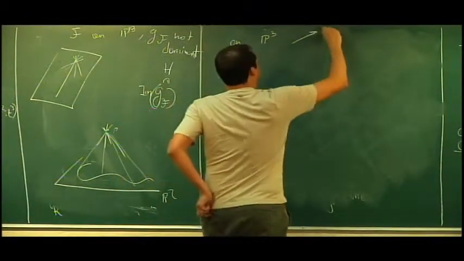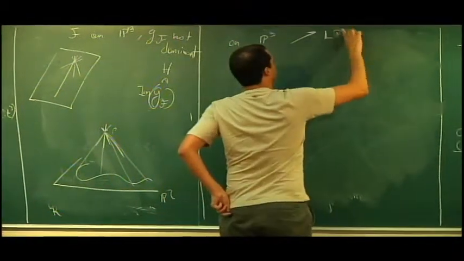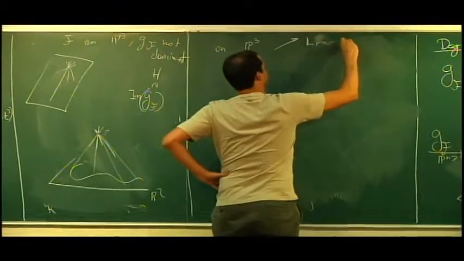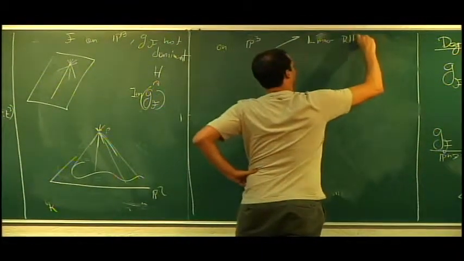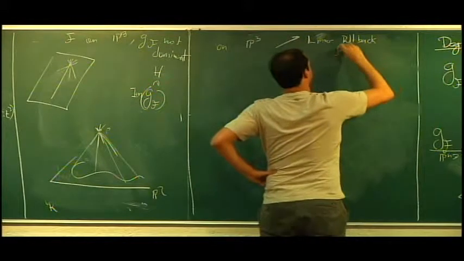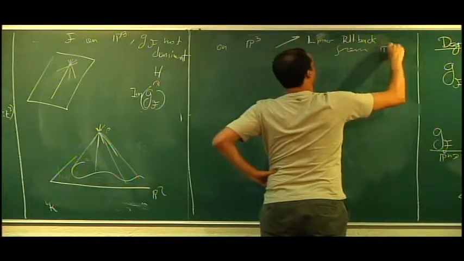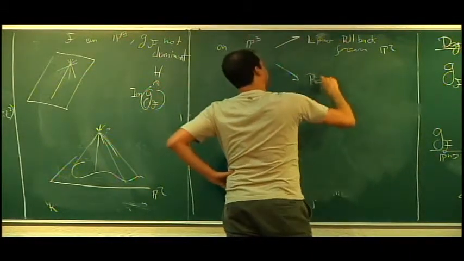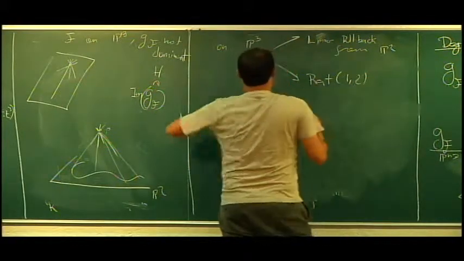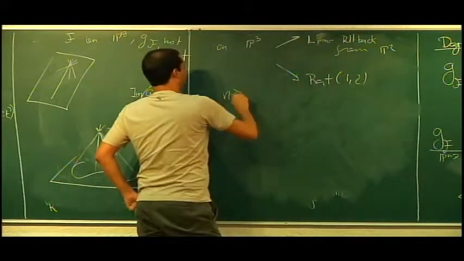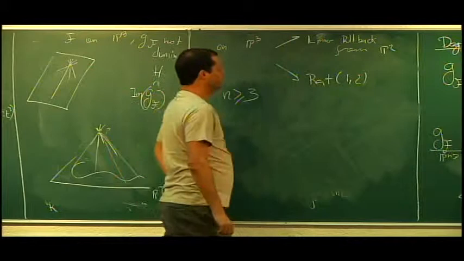Either we are a pullback, a linear pullback from P2, or the other case. And the same thing happens for n greater than 3.